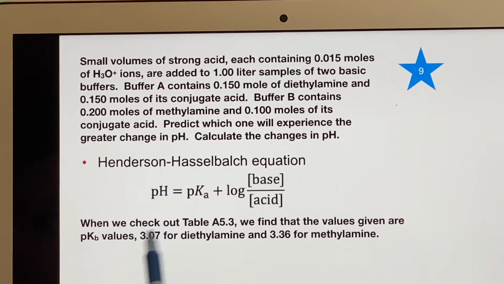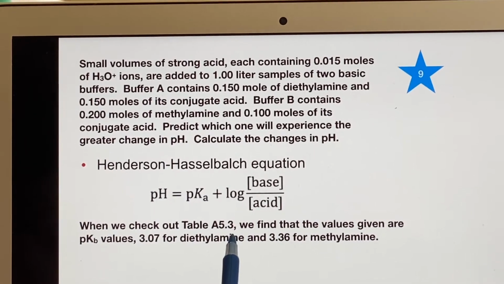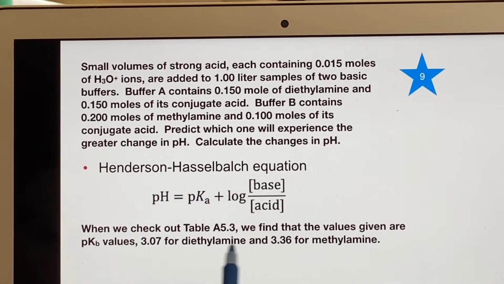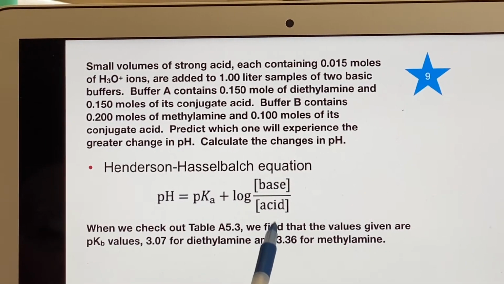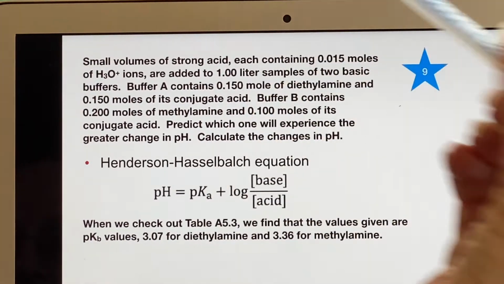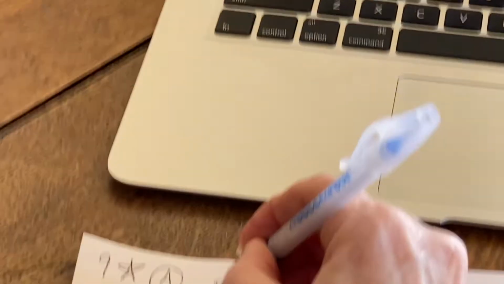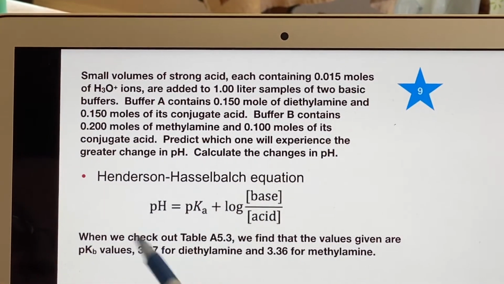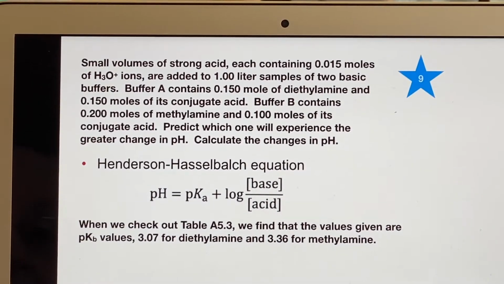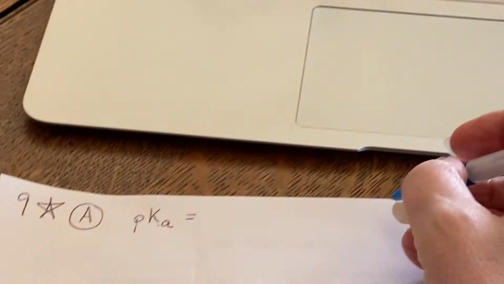So we have to go look for these in table A5.3. And the values given to us are pKb values, not pKa values. So the first thing I have to do: the pKb for diethylamine is 3.07, but I want the pKa.